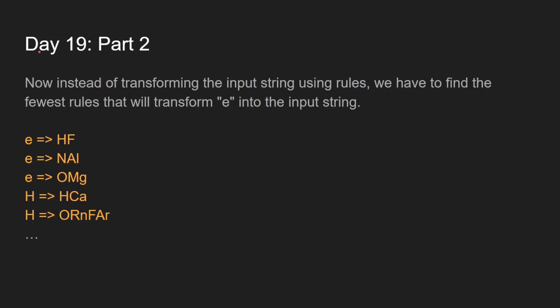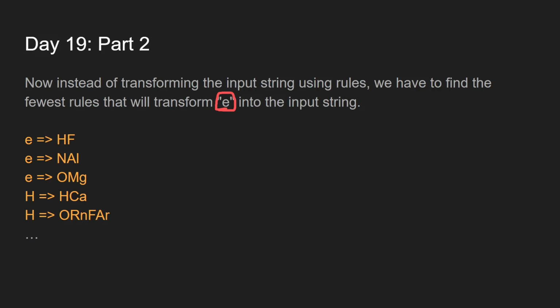The second part of the day 19 problem was much more difficult. And now the question is kind of flipped. Instead of having this input string and then finding strings we can produce by applying rules to it, we are tasked with starting from a constant string e.